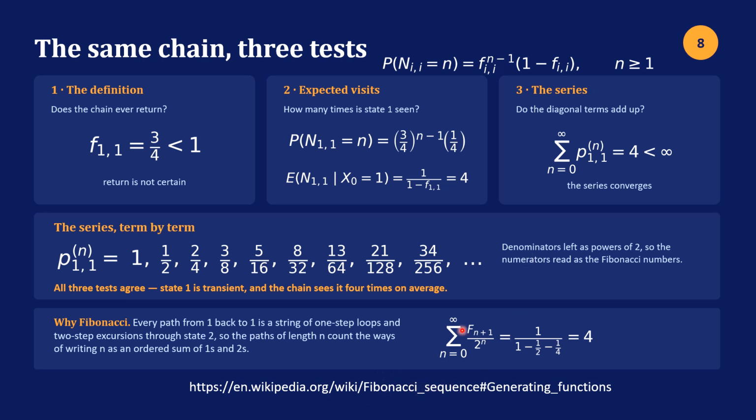If you're interested in the details of this generating function, I give you a link here. It's on a Wikipedia page. It's actually the Wikipedia page for the Fibonacci sequence, but this sublink takes you towards the middle of the page where they talk about generating functions.